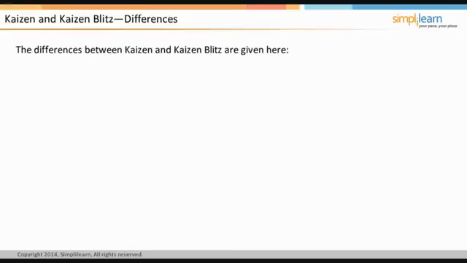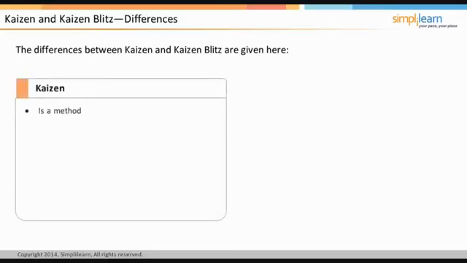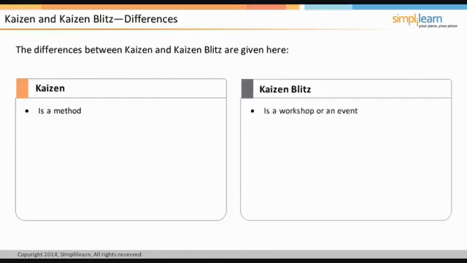The differences between Kaizen and Kaizen Blitz are: Kaizen is a method that brings continuous improvement in the organization, while Kaizen Blitz is a workshop or an event that brings in change. Kaizen brings in small incremental changes in the organization. There are no major changes made within the processes.